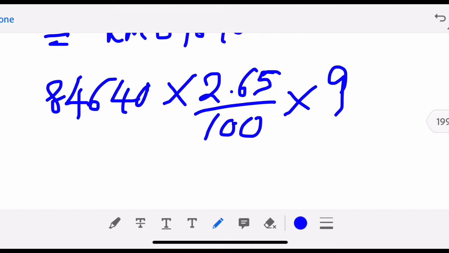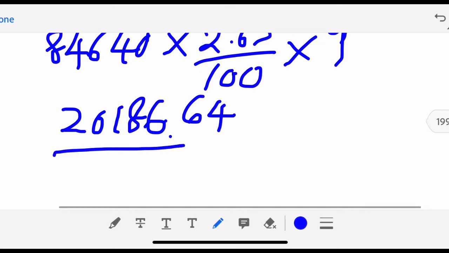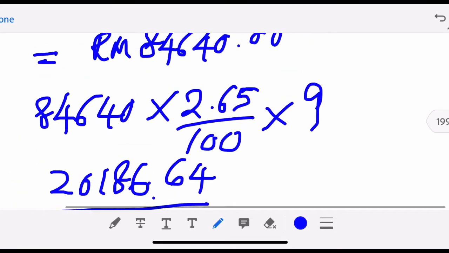Okay, so the total interest, this is the interest actually, that the bank charge her is 20,186.64, this amount.